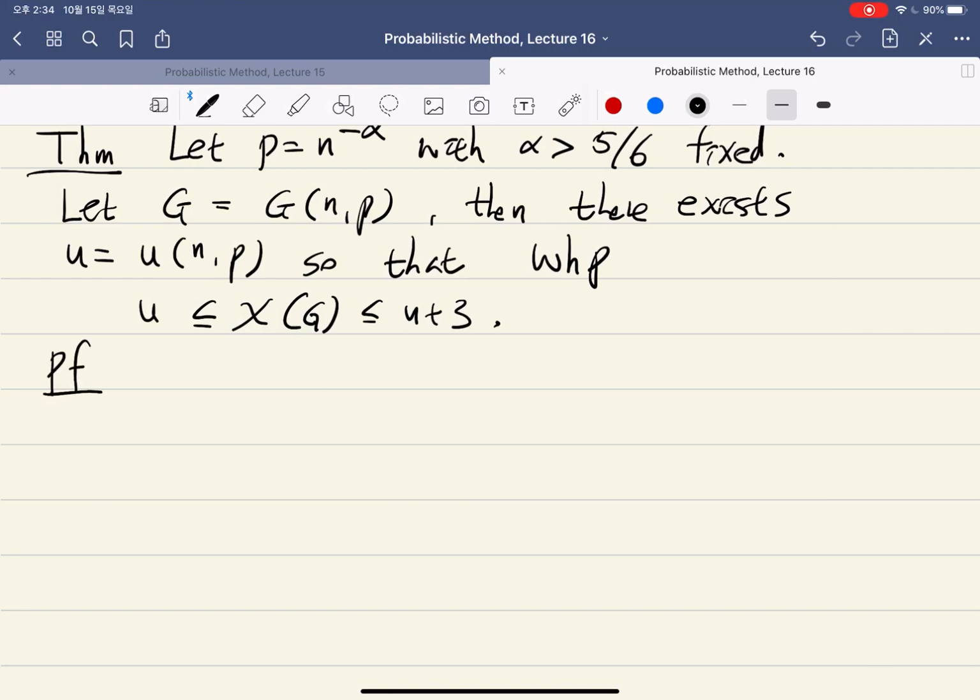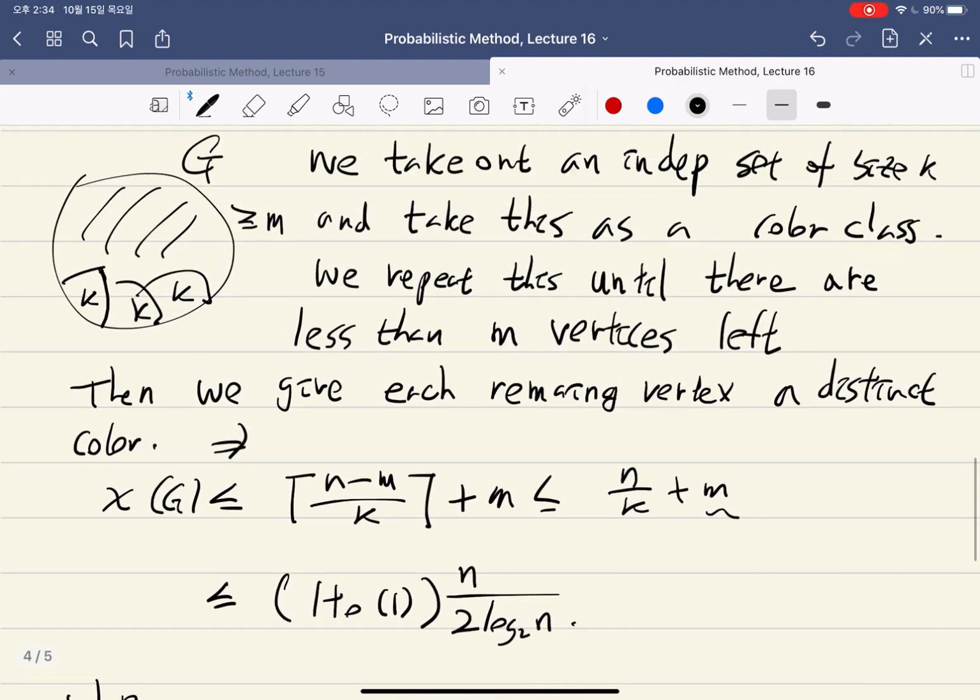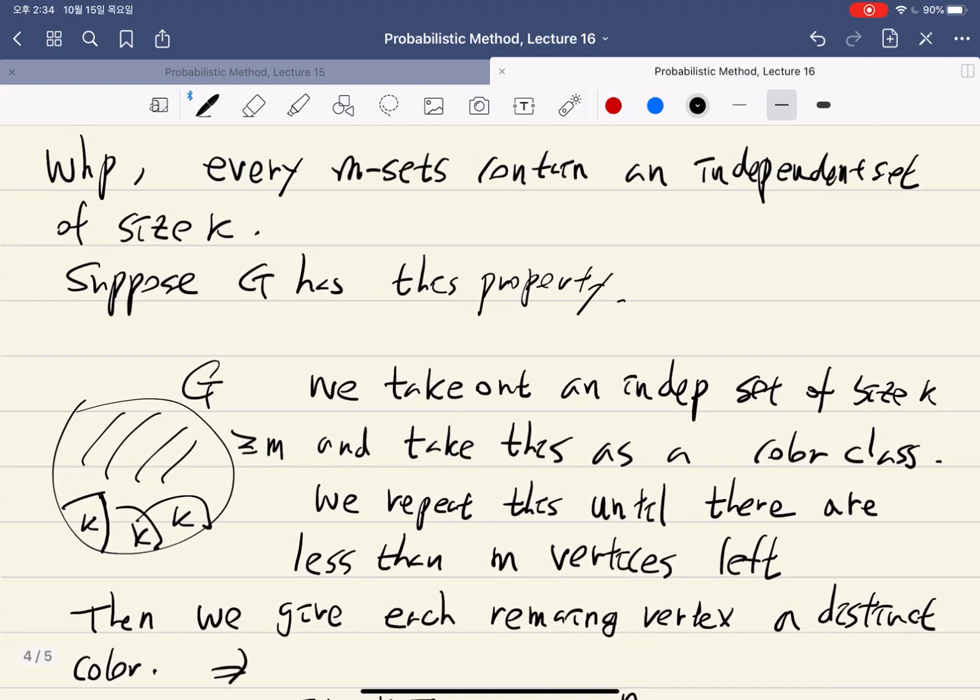So we want to prove this in a way with a similar philosophy, though not similar to before. Before, we showed that every set of size m contains an independent set, and we keep taking those out, and the remaining thing we color in an arbitrary way.